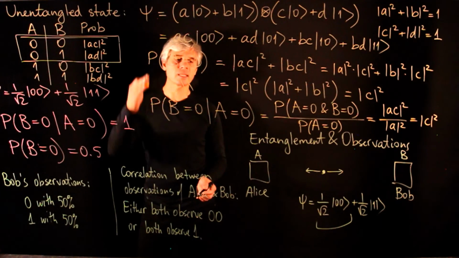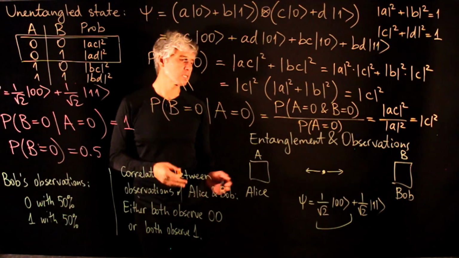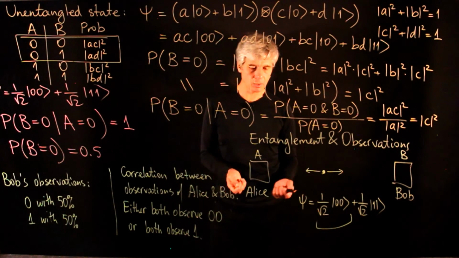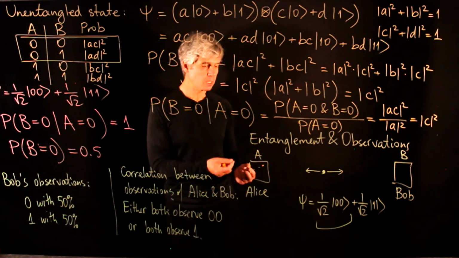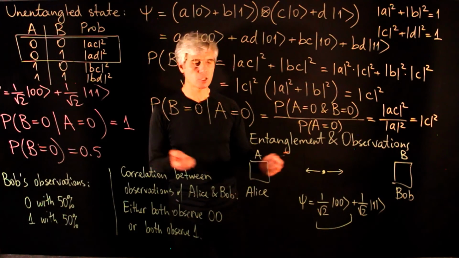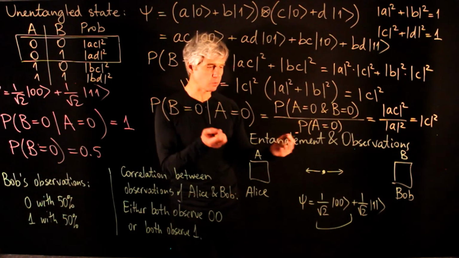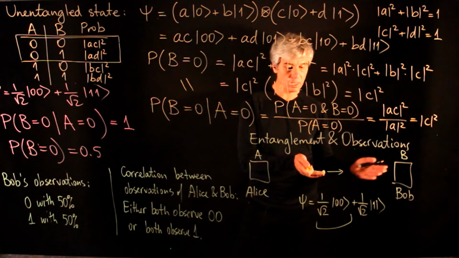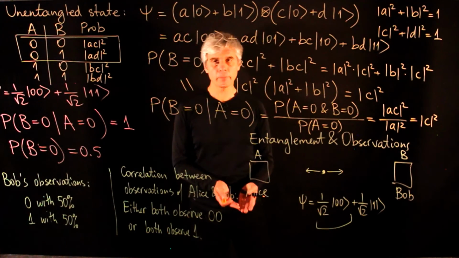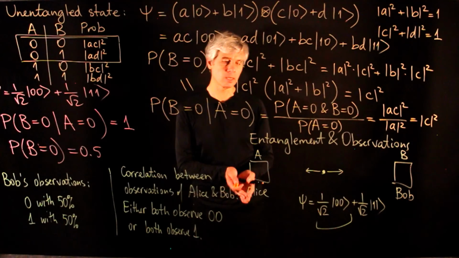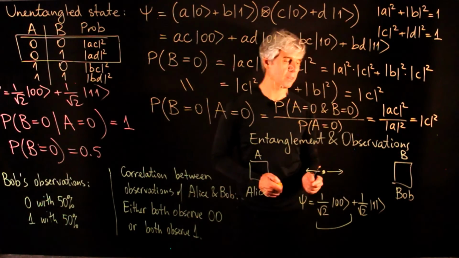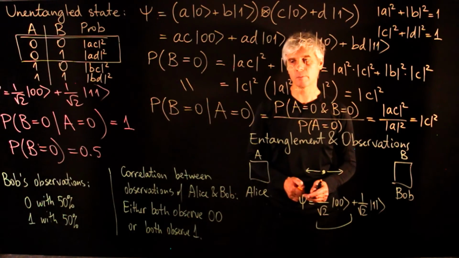For unentangled states, these two observations are independent, which makes sense physically because unentangled states represent non-interacting particles. So these particles exist just independently of each other and are not talking to each other. And so this means that if we have two independent particles, then when we perform measurements on one particle, these outcomes will be completely independent of the outcomes of measurements of the second particle.